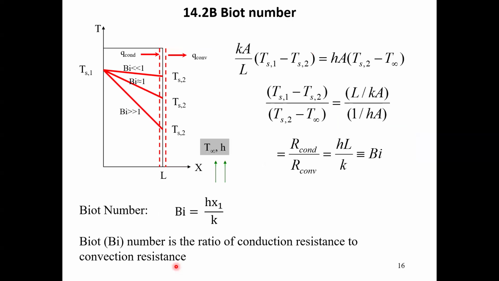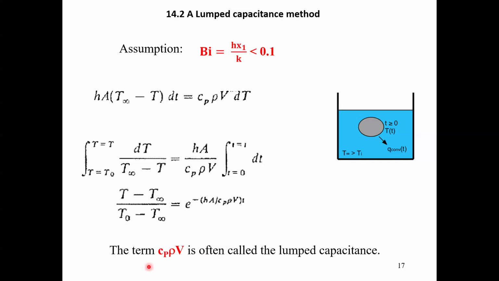We know that the Biot number is the ratio of conduction resistance to convection resistance. When the Biot number is very low, it means that conduction resistance is negligible. There is no resistance to conduction at all, so whatever resistance to heat transfer you see appears due to convection.